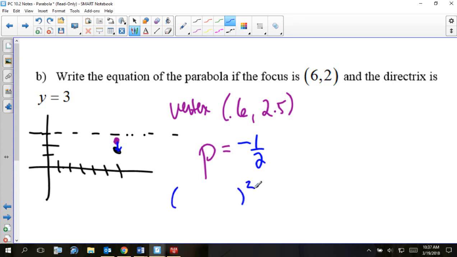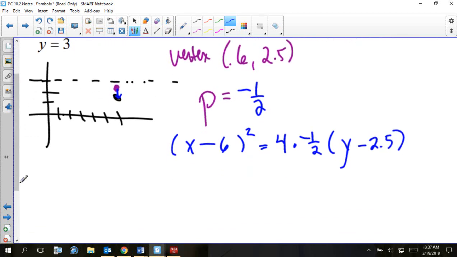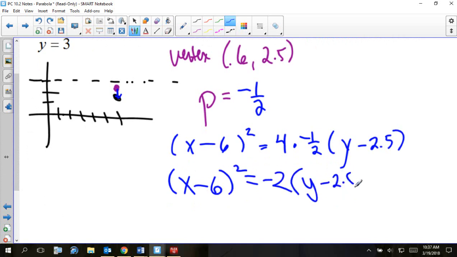Which variable is squared? X. So we'll do x -6 squared. And then over here we're going to do 4 multiplied by my p, always 4 times that number. And then y take away 2.5. And then simplify. X -6 squared equals -2, y -2.5.